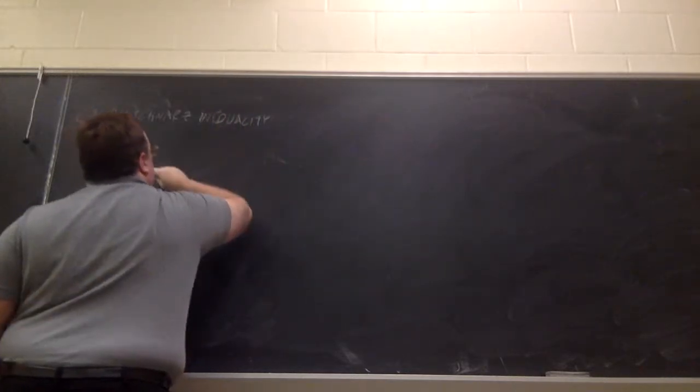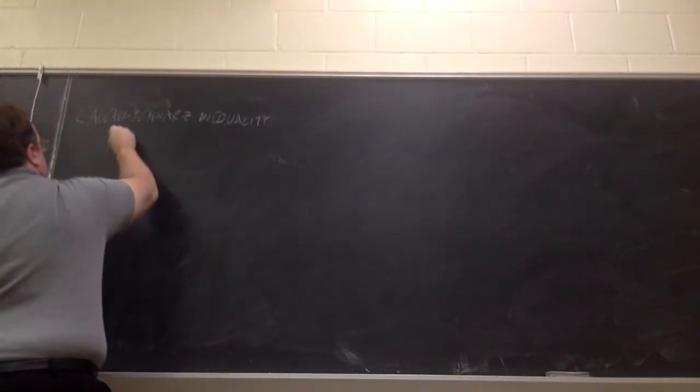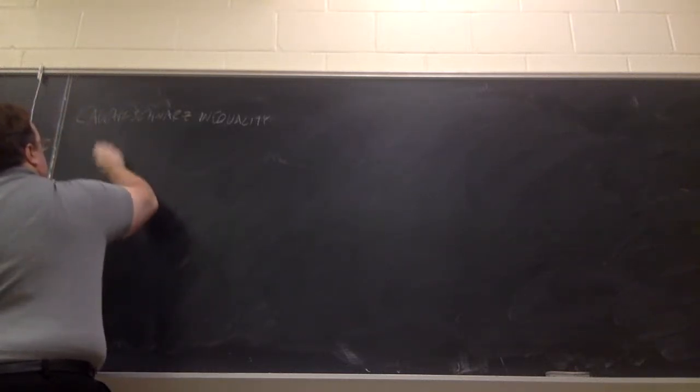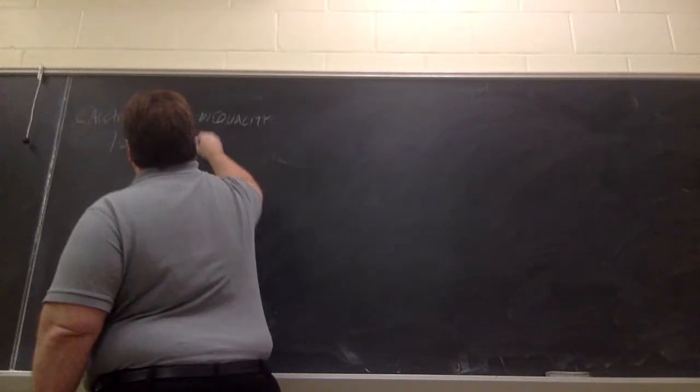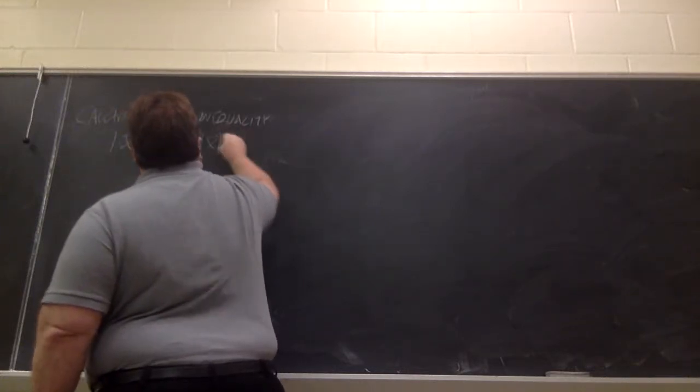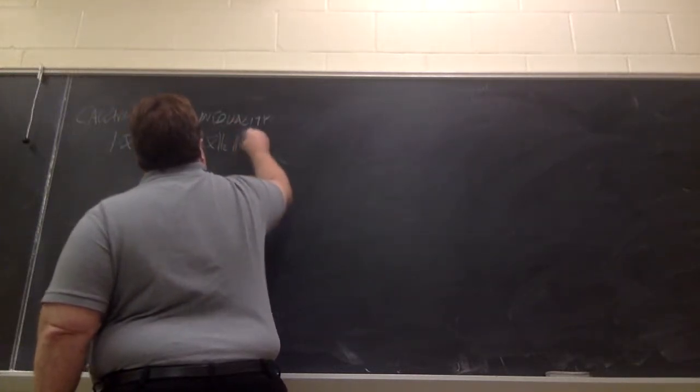And that is: the absolute value of the dot product of 2 vectors is less than or equal to the product of the 2 norms of those vectors.